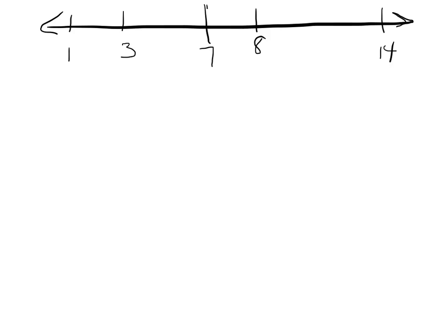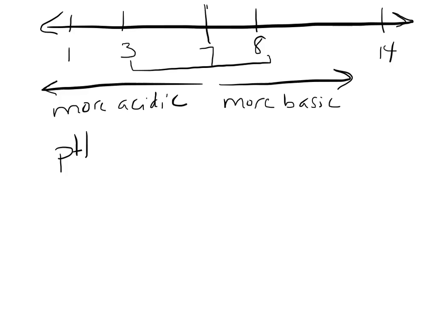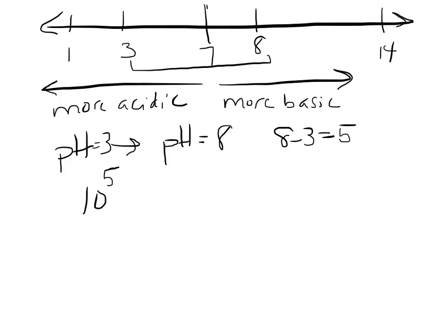Okay, for the next one, we're going to look at going the opposite direction. If I'm going this direction, it's more basic. If I'm going this direction, it's going to be more acidic. So if I'm going from a pH of 3 to a pH of 8, 8 minus 3 is 5 place values, so I'm going to have 10 to the 5th.